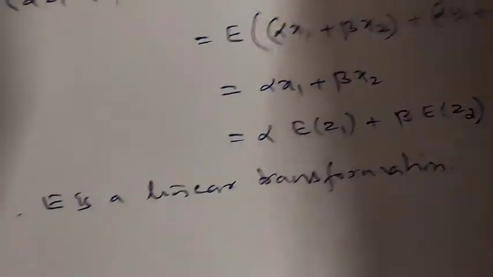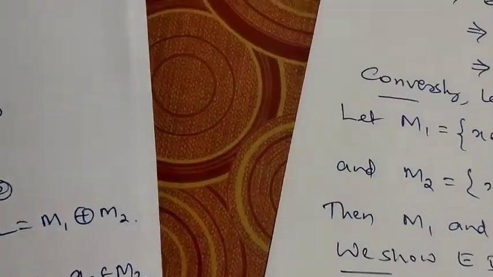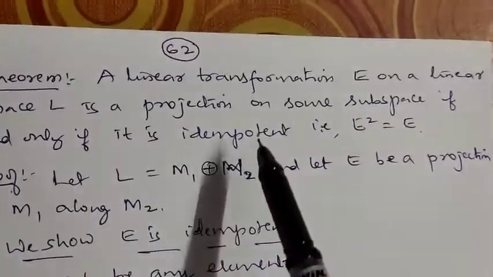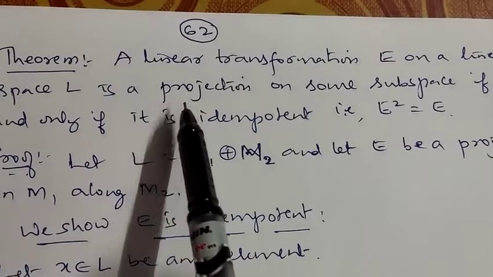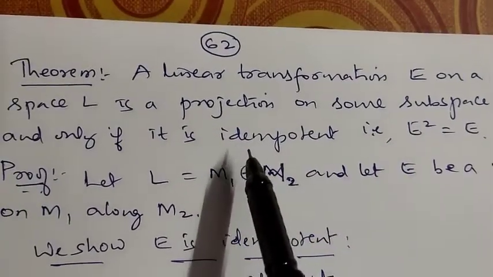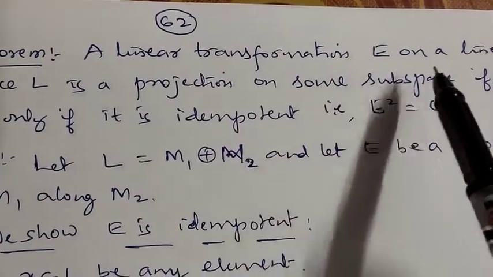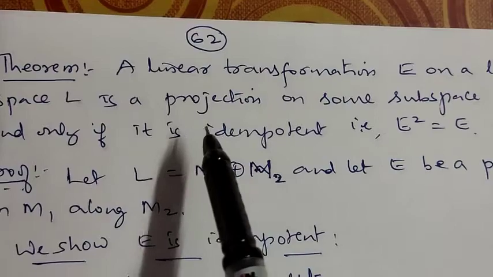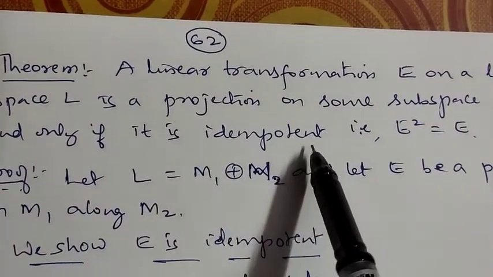So now let's prove a few results on this topic. The first one: a linear transformation E on a linear space L is a projection on some subspace if and only if it is idempotent.